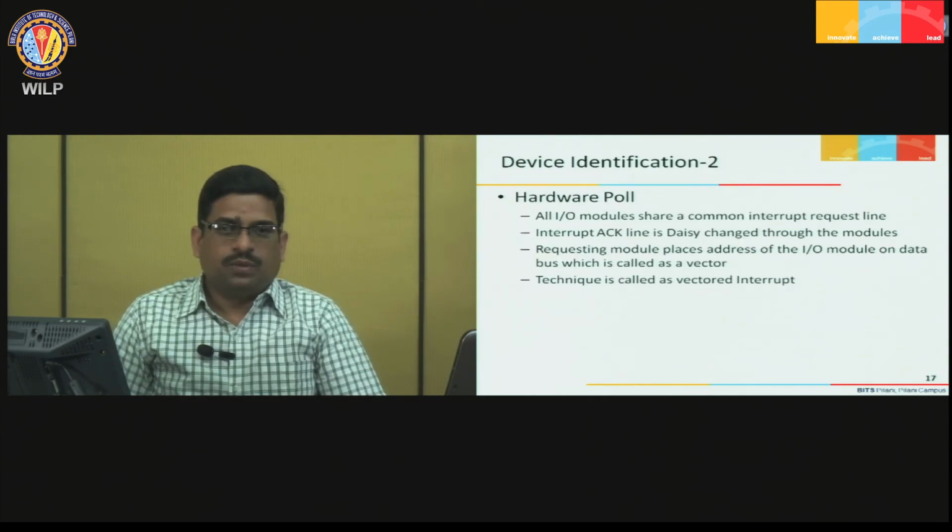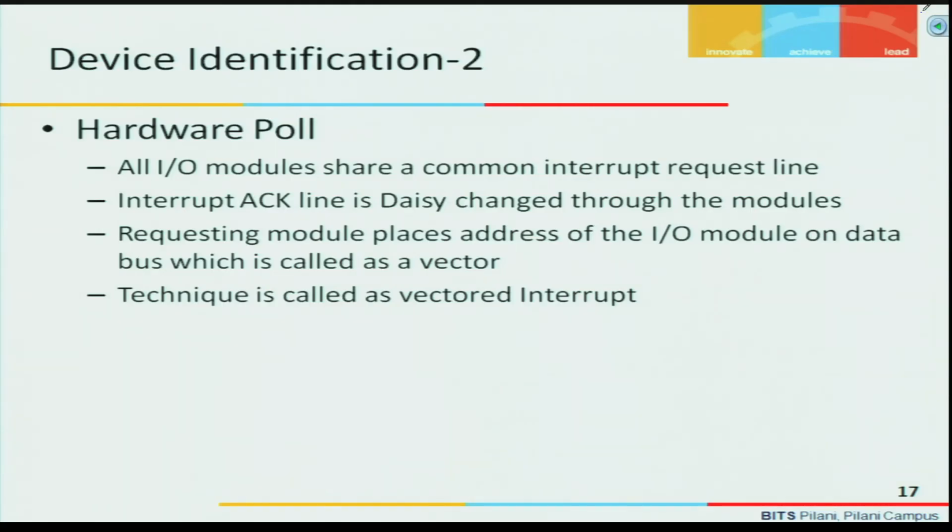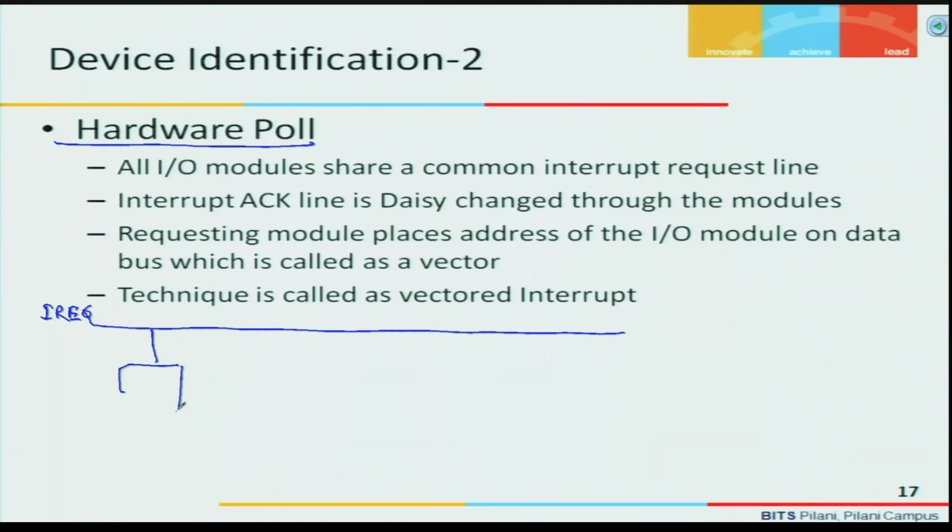Next is the hardware poll. In a hardware poll, all the IO modules share a common interrupt request line. Let us say this is the interrupt request line IR, and all the IO modules are connected to it. Let us say 3 modules are there: 1, 2, 3.